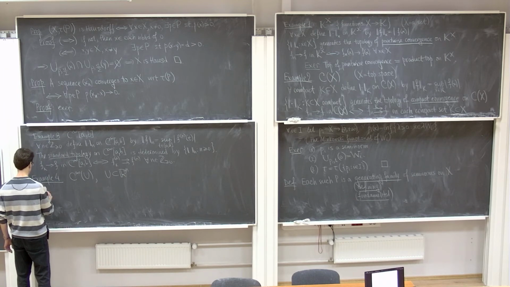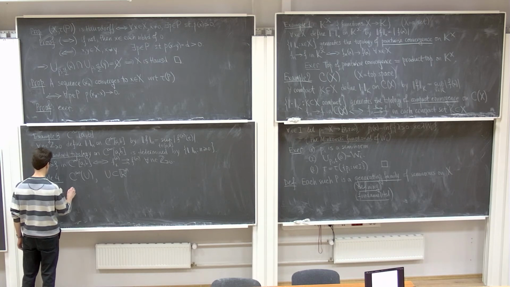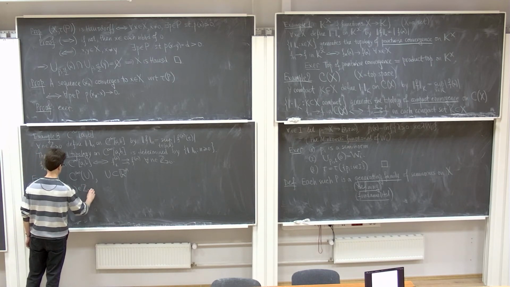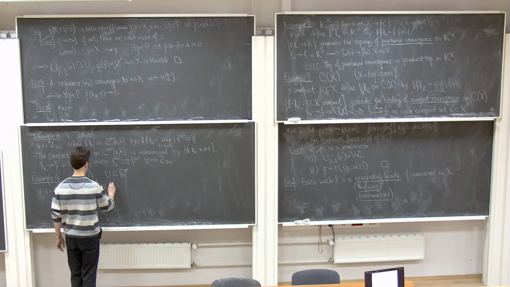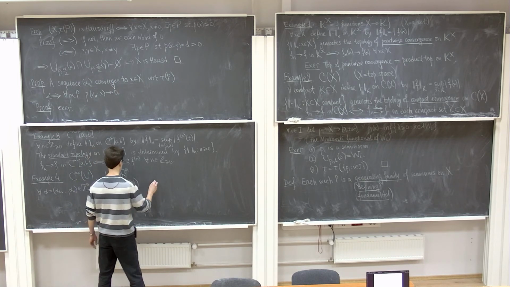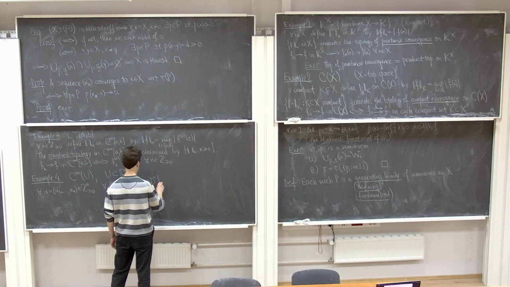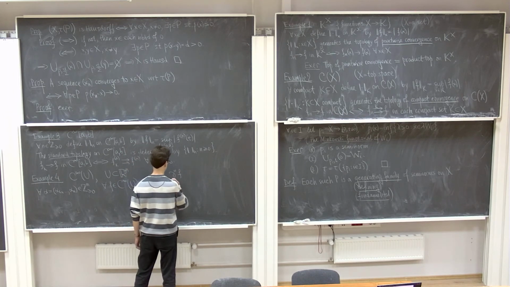So you have a multi-index alpha, that is an n-tuple of non-negative integers, alpha_1 to alpha_n. And for a smooth function f on U, we denote by D^alpha f the respective partial derivative of f.